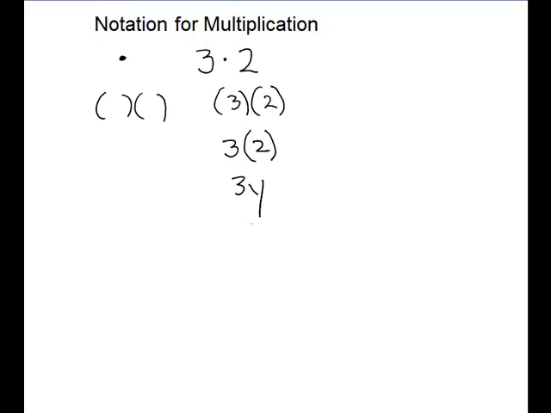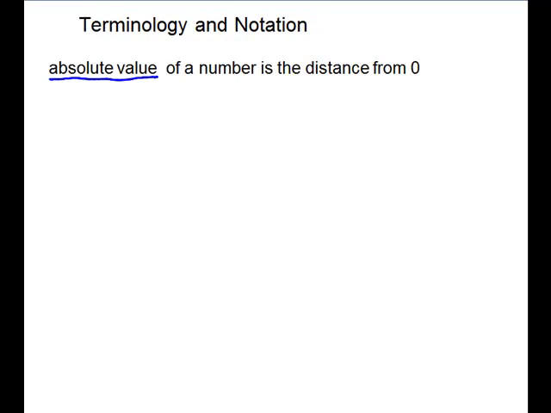And we can use variables side by side to mean multiplication. Also later we will have brackets. Brackets do the same job as parentheses, so you will be able to have 3 right beside a bracket to mean multiplication.